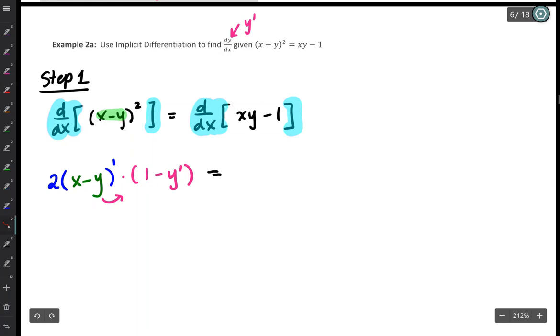Now this one we want to slow down and look at the operation between x and y. That's multiplication right there. I'm going to need product rule. My first function is x, first times the derivative of second. My second function is y.